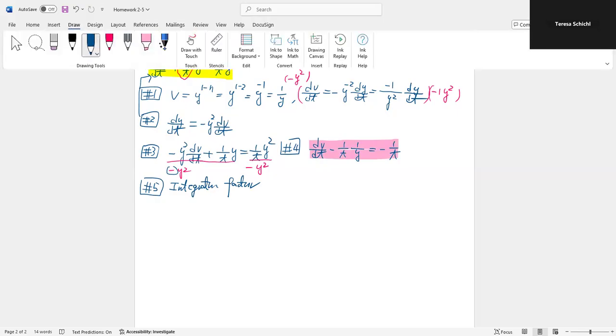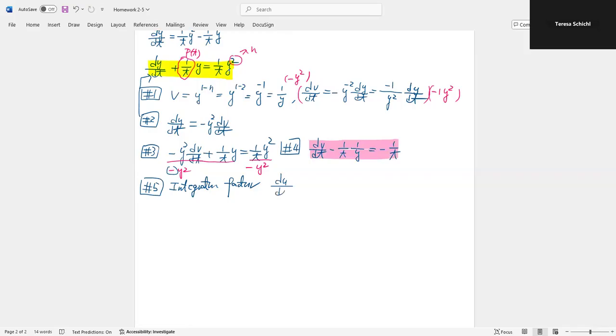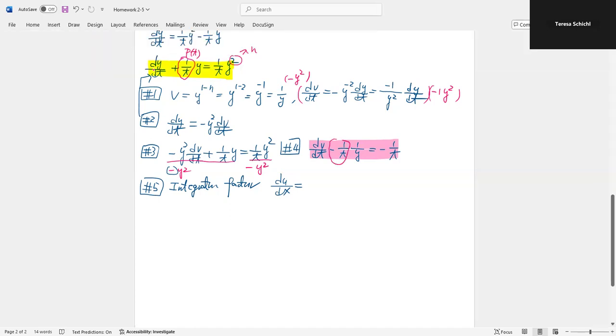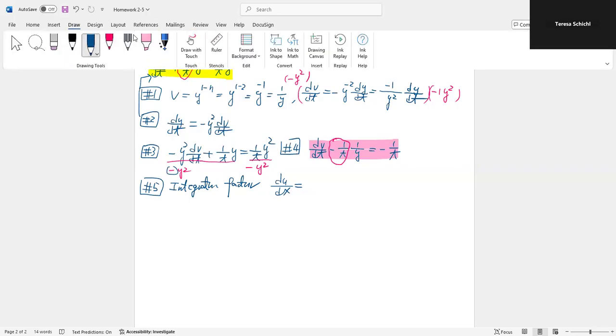So for the integration factor, we say du dx is equal to, this is my new p(t), right? So I need to do that. I will say du dt, I'm sorry, it's dt, right? It's not dx.